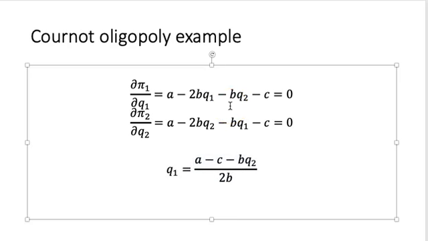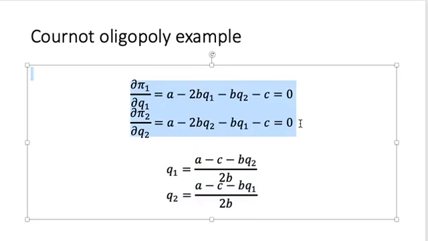And for firm 2, you have A minus C minus B Q1 over 2B. So this would be their reaction function. Notice firm 1's optimum output depends on firm 2. Same goes for firm 2. And this is simultaneously determined.